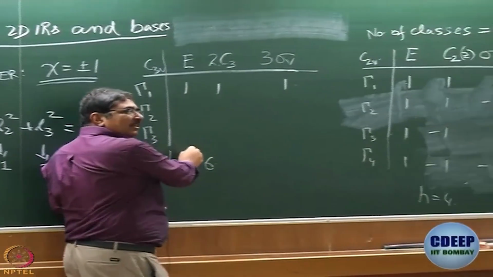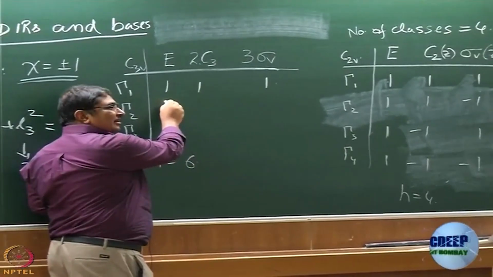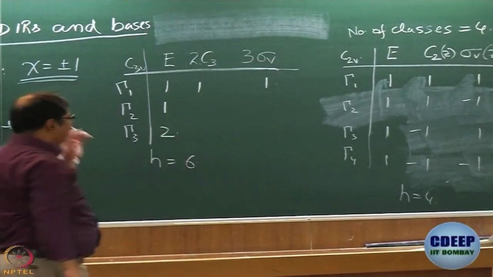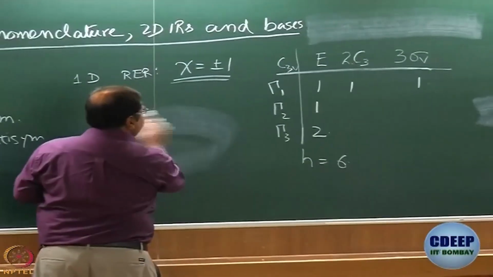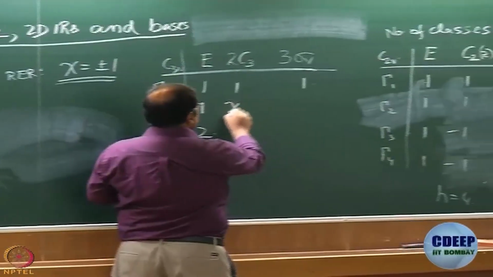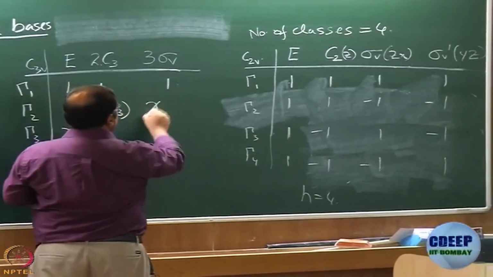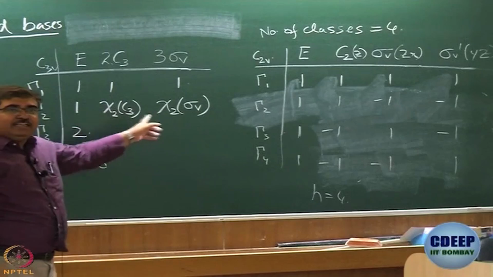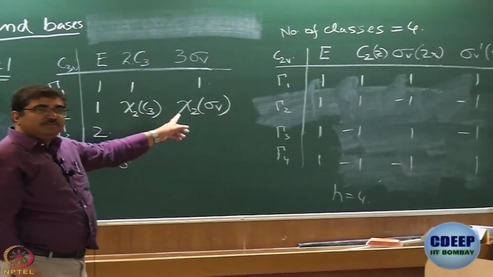I can write the characters now, the characters of the identity operation. What will it be here? 1. What will it be here? 2. Excellent. Now, what I need to find is chi2 of C3, chi2 of sigma V. Is this way of writing clear? You understand what I mean by chi2 of C3 and chi2 of sigma V?